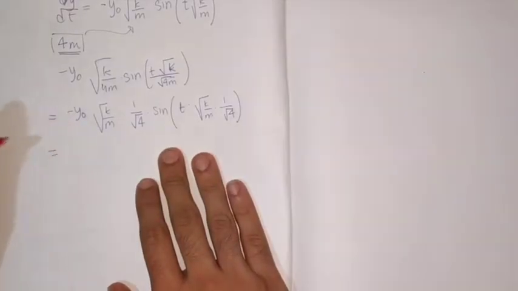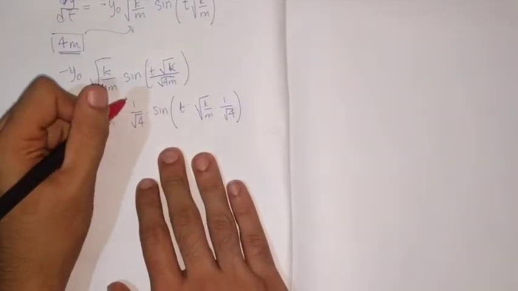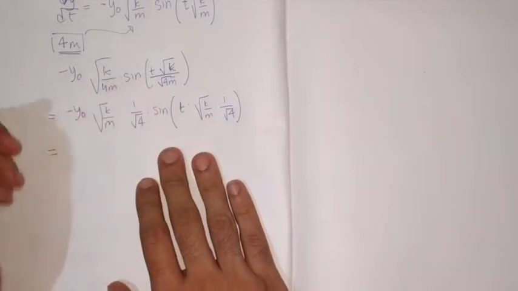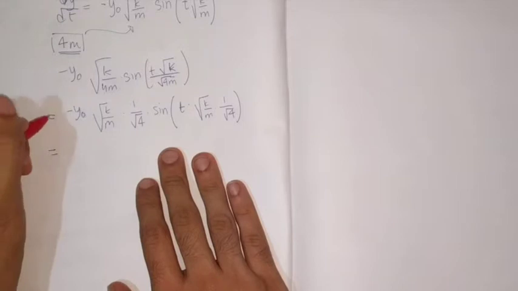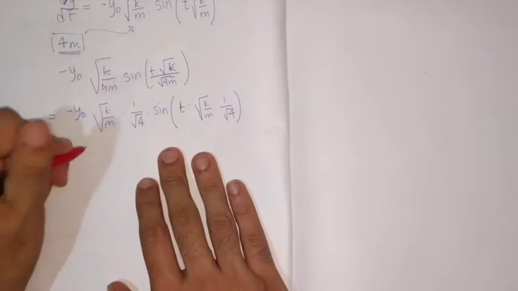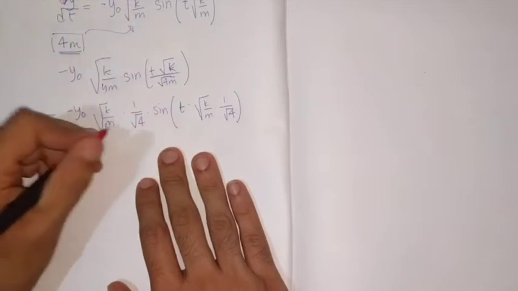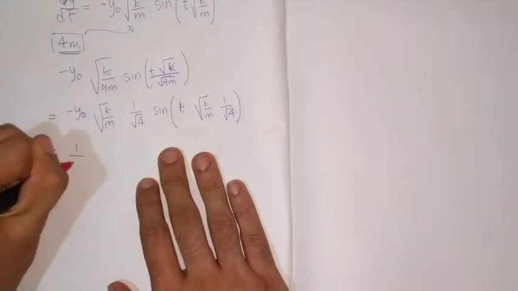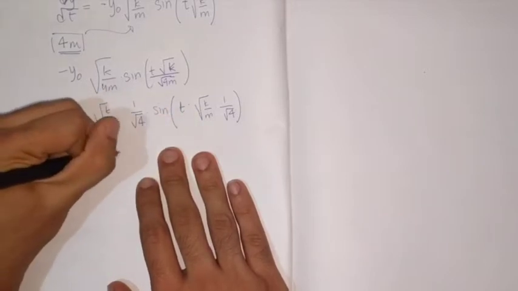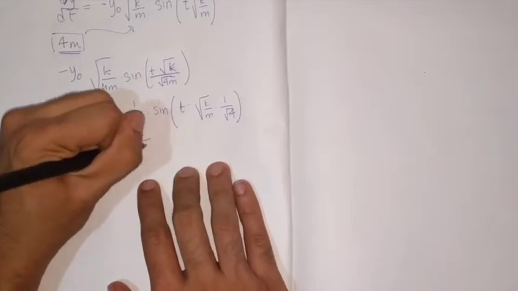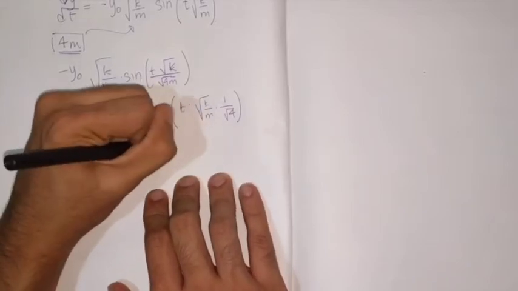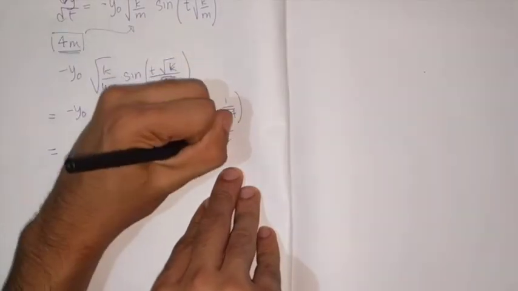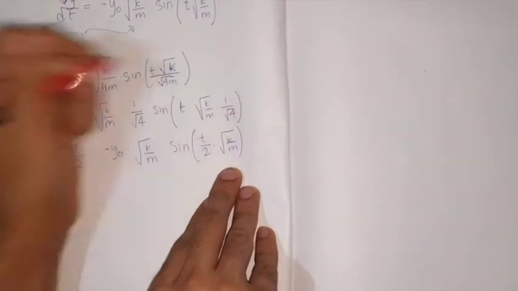So we can now simplify this equation in order to express the new condition with respect to the previous one. The coefficient of the sinusoidal function is now 1 by 2 into minus y naught into root of k by m into sine of t by 2 root of k by m.